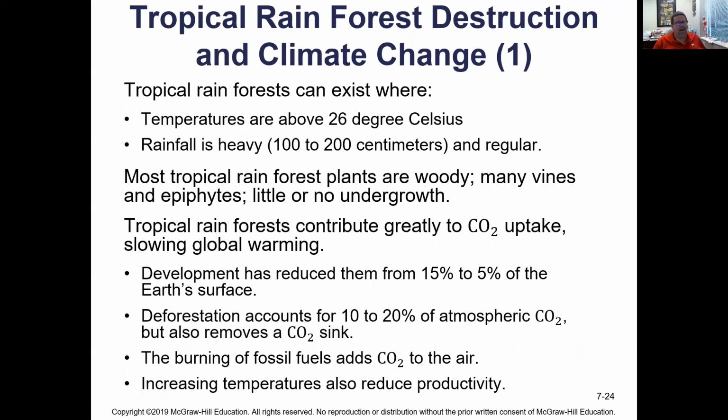Okay, and then there's good commentary in here, and I think I have a question on the short answer list about this: tropical rain forest destruction and its effect on global warming. Very good. Read that one. I got a short answer question about that on the review sheets, but it's fascinating how we're seeing this increase in carbon dioxide over time, and how this is linked to global warming.